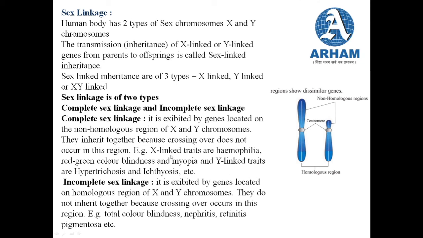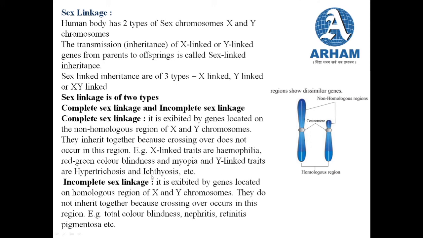After the X-linked traits in complete sex linkage, let us study Y-linked traits. The first disorder is hypertrichosis. Hypertrichosis is a condition of excessive hair growth on any part of the body, and it can happen in both men and women.